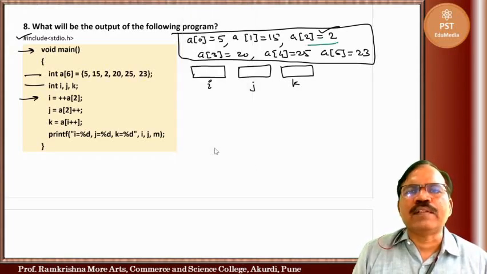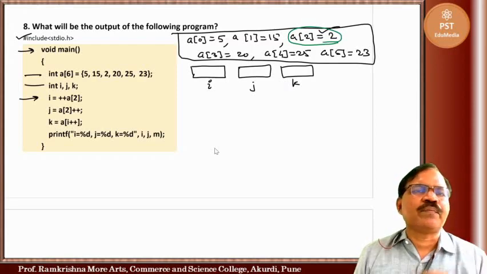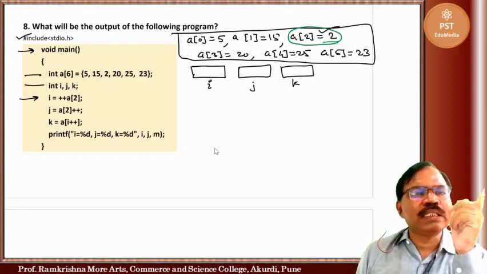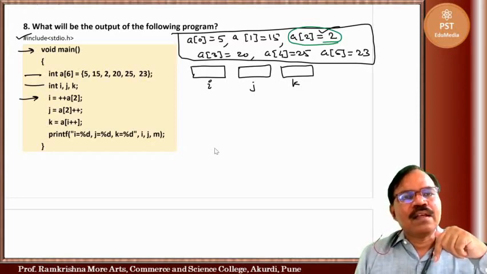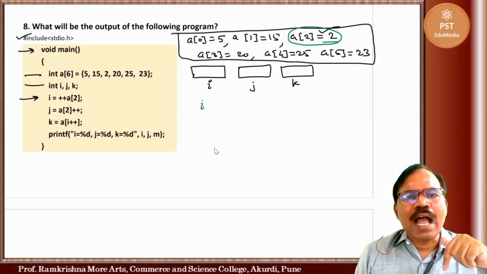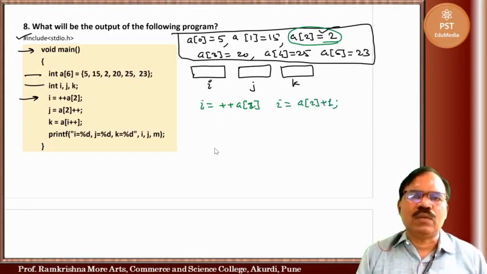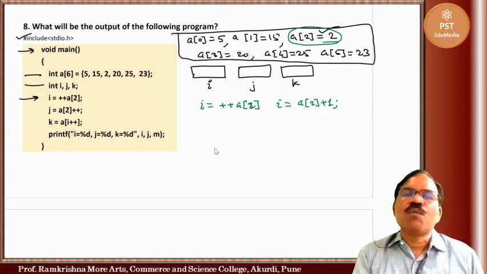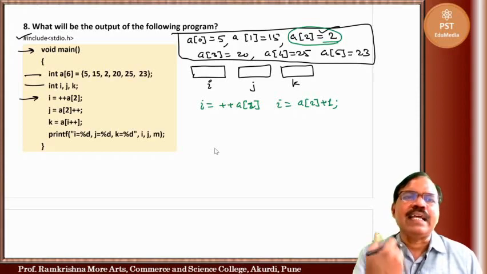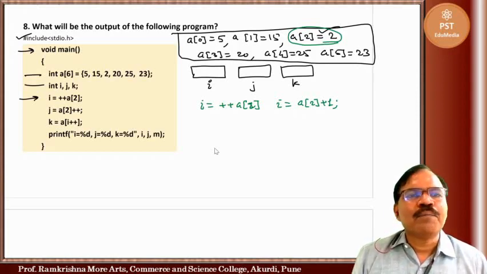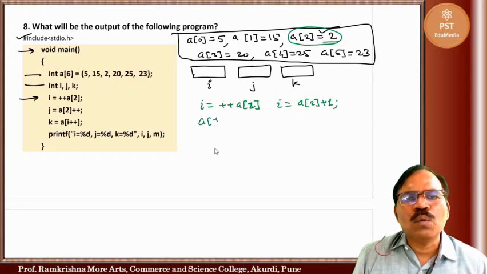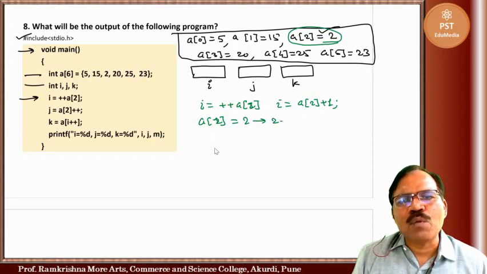Now ++a[2] means what? ++ means pre-increment. So here i is equal to ++a[2] means a[2] plus 1. It is pre-increment, meaning first increased and then assigned. So what happens? First a[2] is 2 and it is increased by 1.